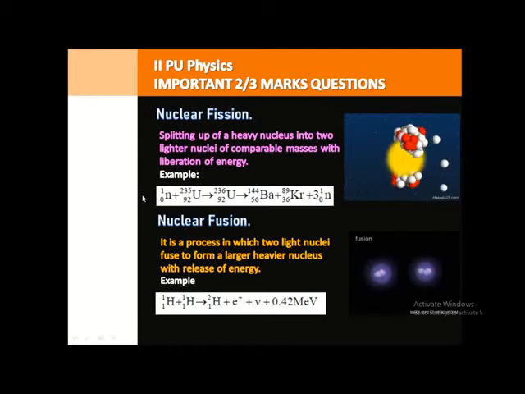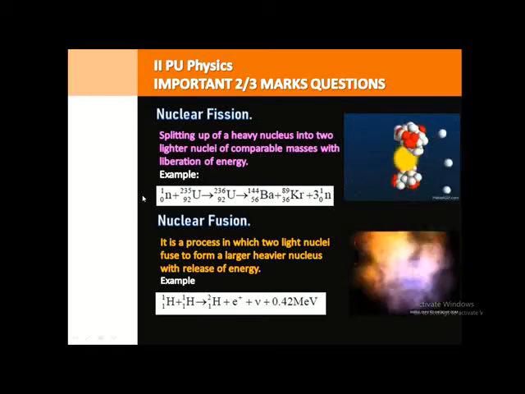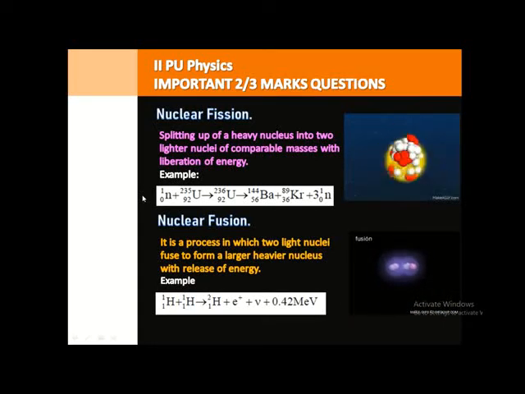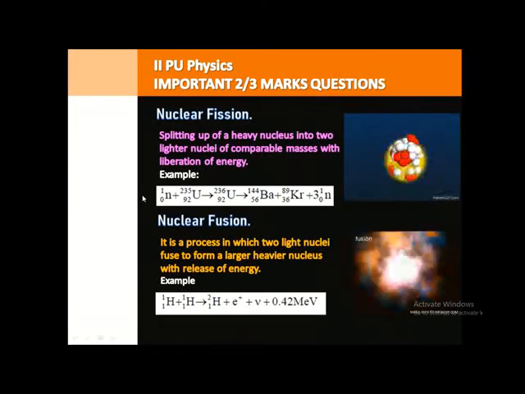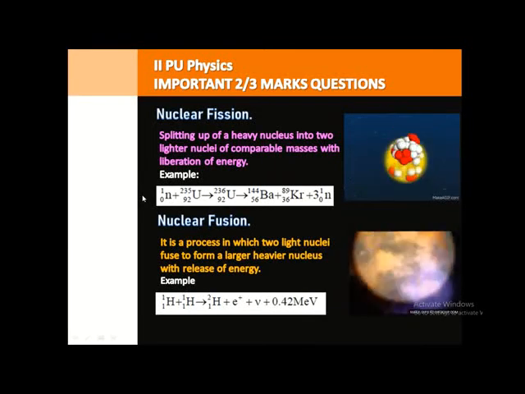Next, nuclear fission. The splitting up of a heavy nucleus into two lighter nuclei of comparable masses with the liberation of energy is called nuclear fission. The equation is given: one neutron plus uranium reacts to produce barium and krypton plus 3 neutrons.